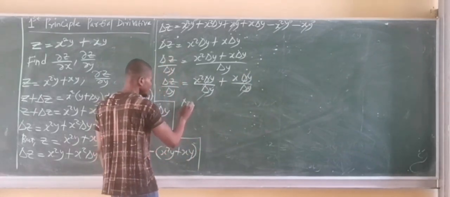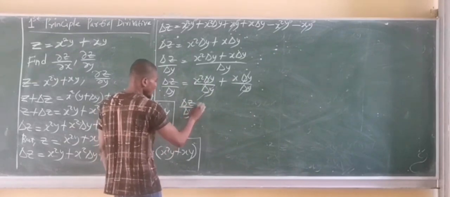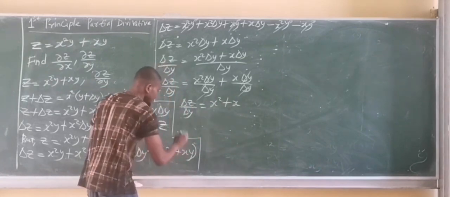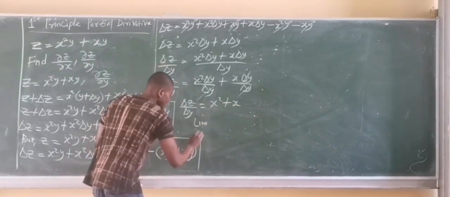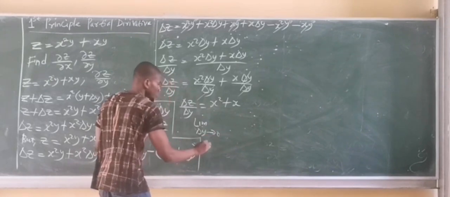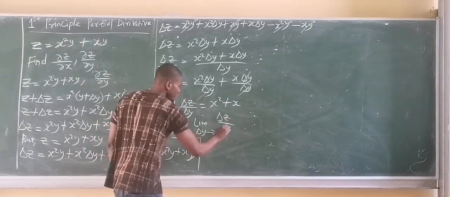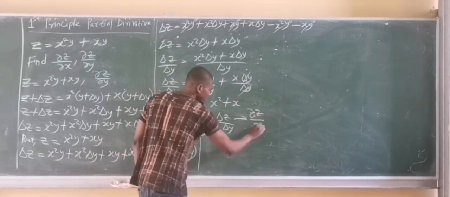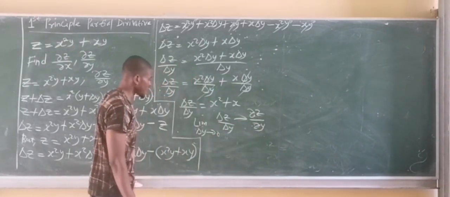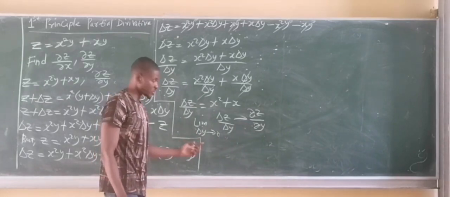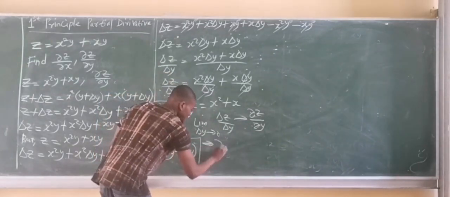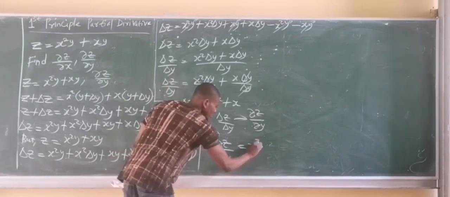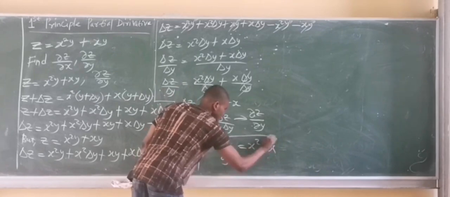You have change in z over change in y equal to x squared plus x. And the limit as change in y tends to 0, the function change in z over change in y actually tends to the partial derivative of z with respect to y. At this point, there is no change in y to replace as 0. So that simply means the partial derivative of z with respect to y is simply x squared plus x.